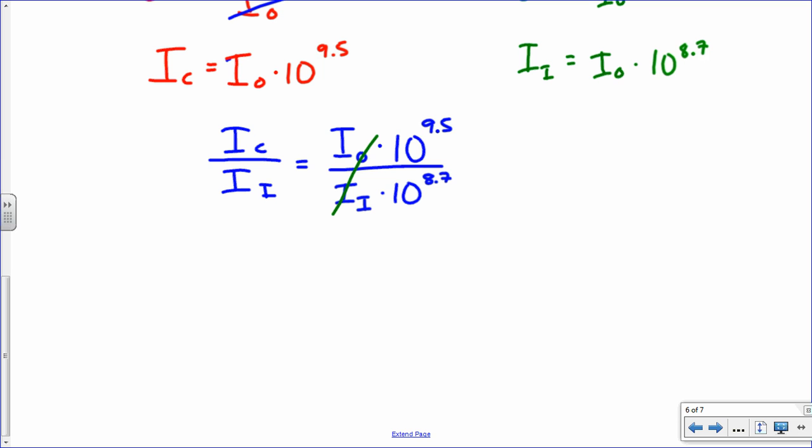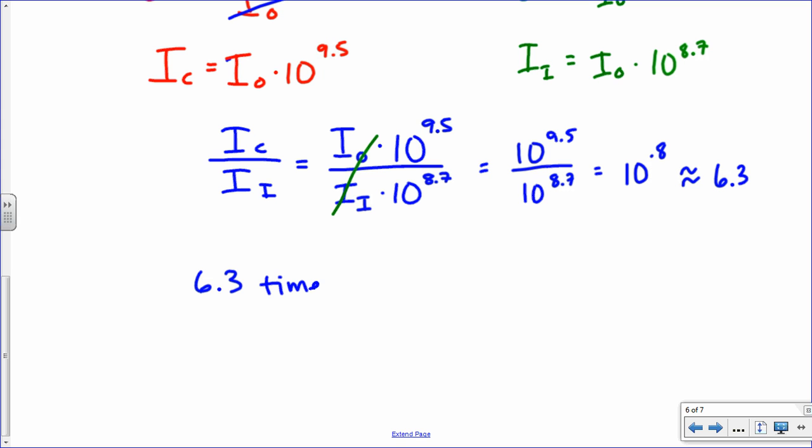Those cancel, meaning all I need to do is 10 to the 9.5 over 10 to the 8.7. To make it easier, you can subtract your exponents, so that's 10 to the 0.8. And then just round to the nearest tenth. You should get 6.3. So it was 6.3 times more intense.